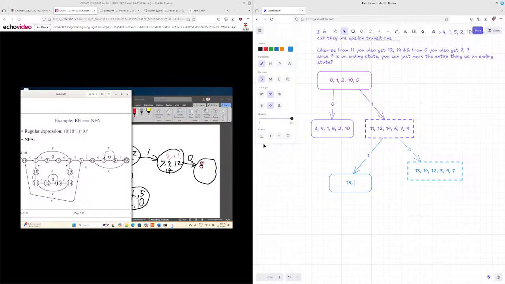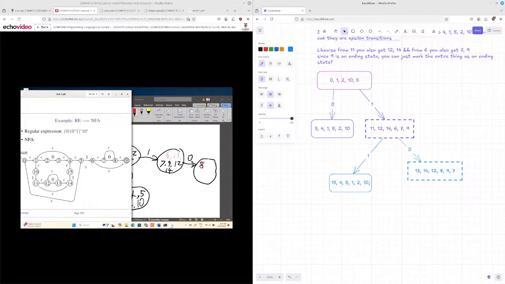And then from 15 you get 4, and then from 4 you also get 5 and 1, and then from 1 you also get 2, and you also get 10. Okay, that is 14 done.